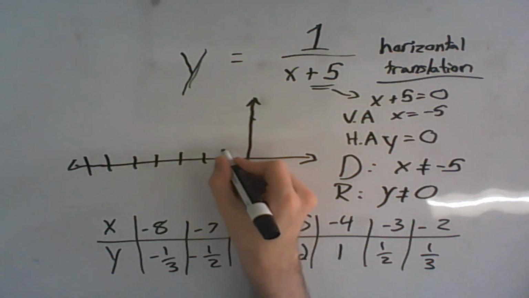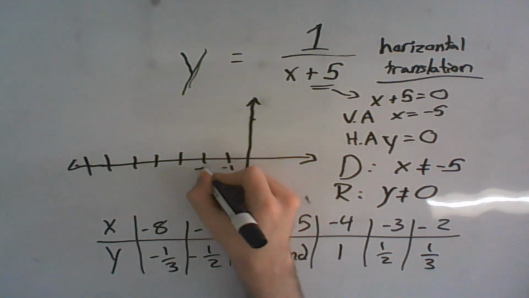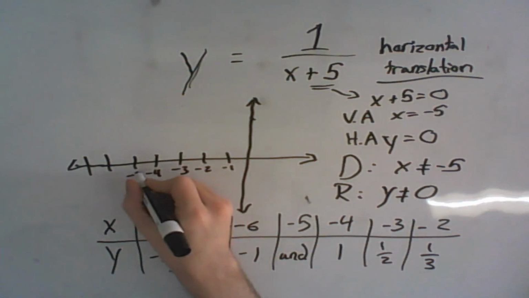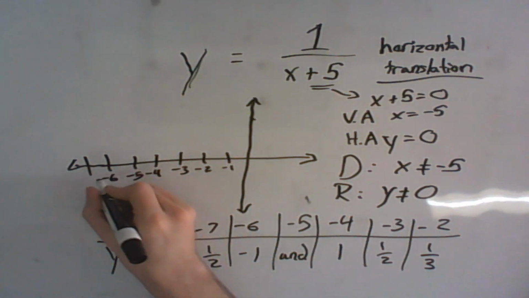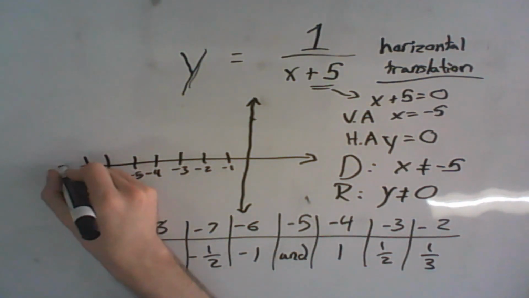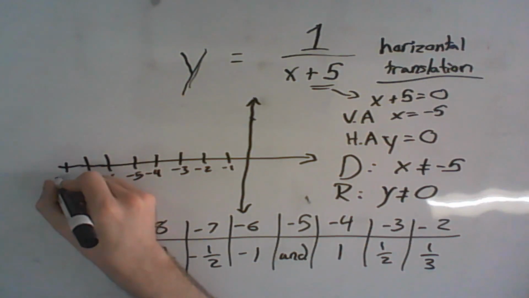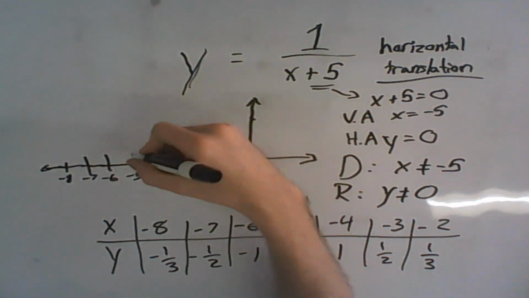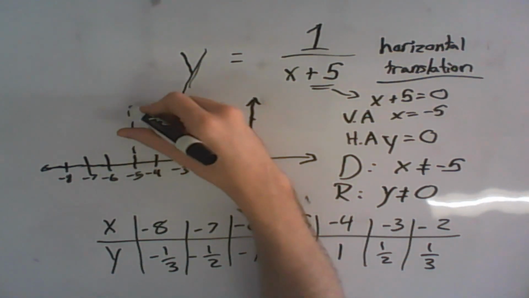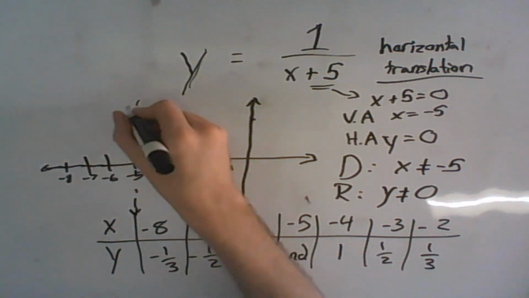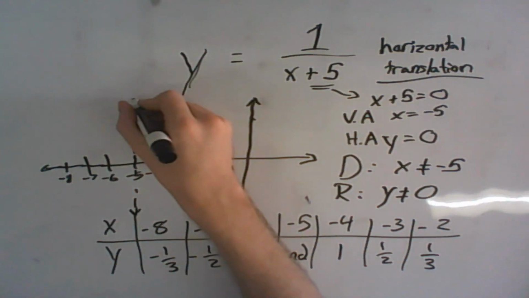So this is negative 1, negative 2, negative 3, negative 4, negative 5, negative 6, 7, and negative 8. Keeps going. Okay, so we draw our dotted line at x equals negative 5.